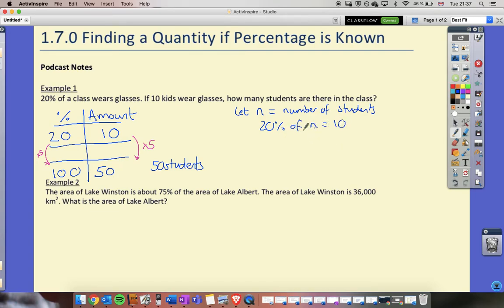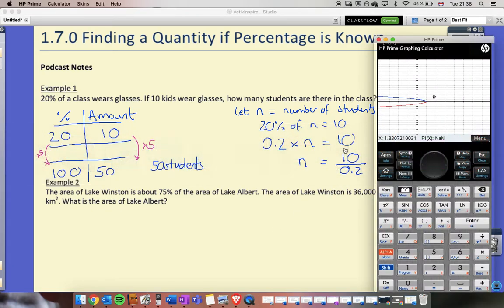Now if we knew what n is, we'd work that out, possibly, by turning into a decimal and multiplying. And of course, to find n, we can undo this operation. The opposite of timesing by 0.2 is dividing by 0.2. So I could do 10 divided by 0.2.